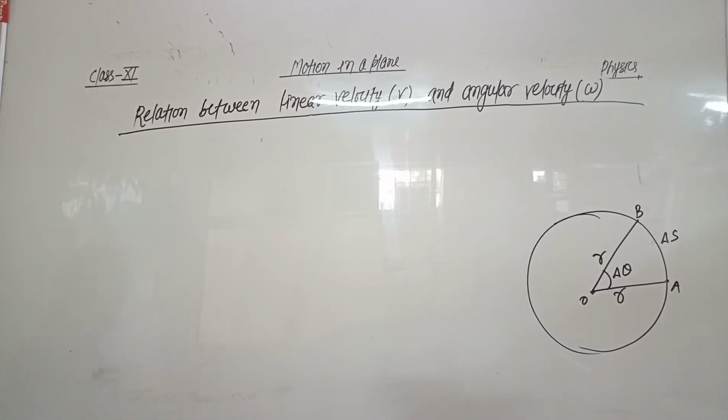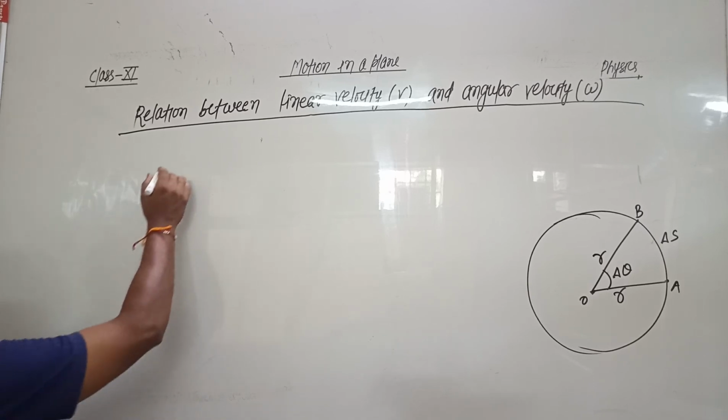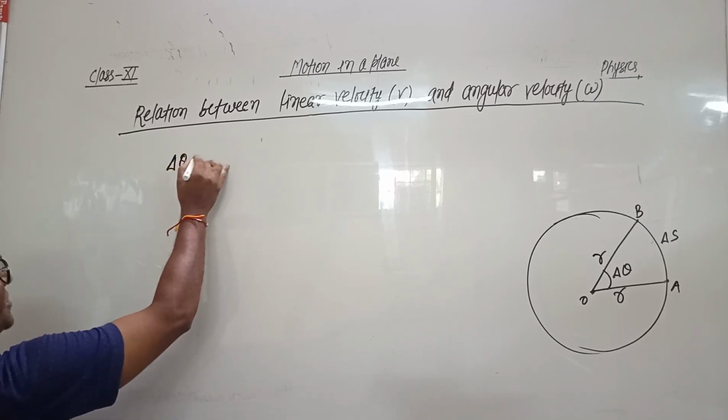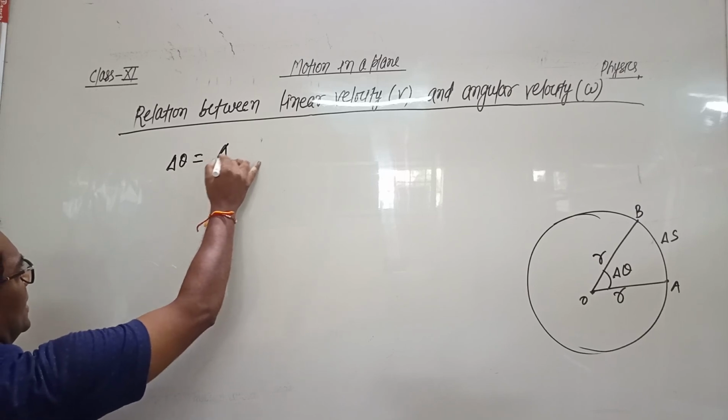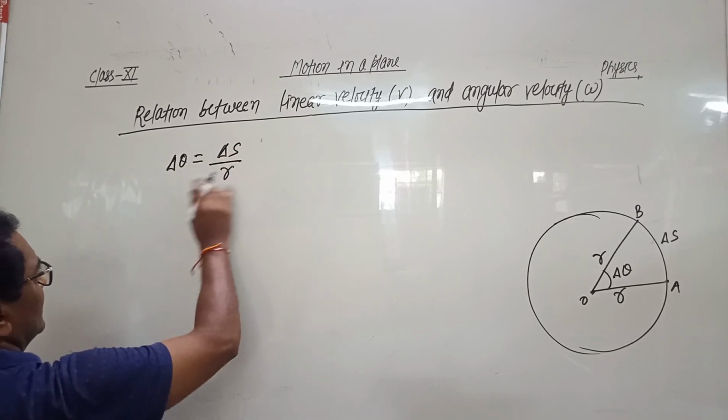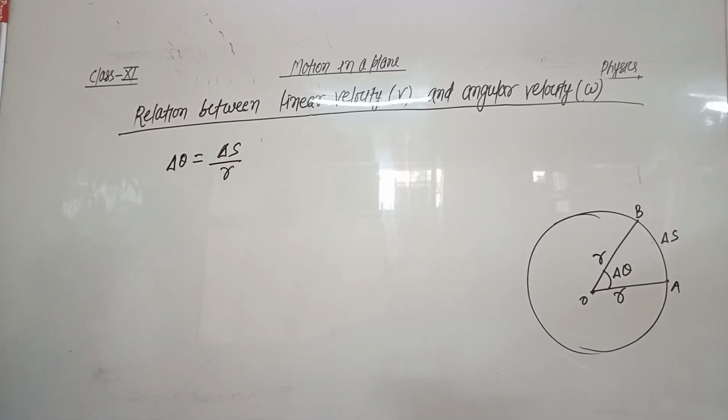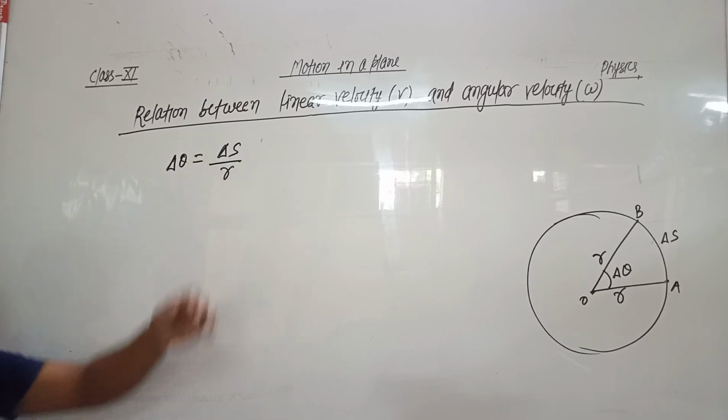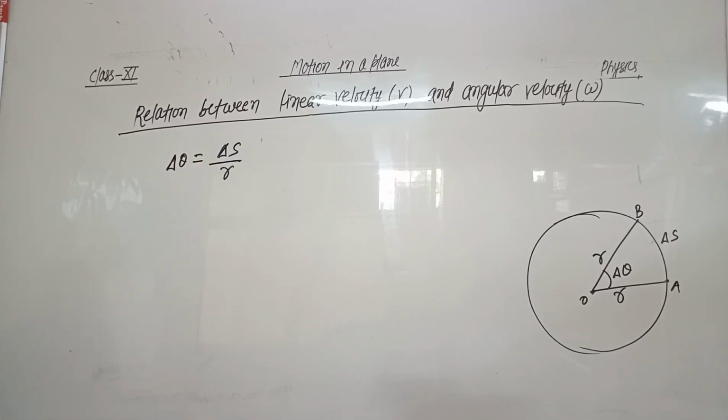Previously we have seen that delta theta equals delta S by R. Angular displacement theta equals arc length upon radius.